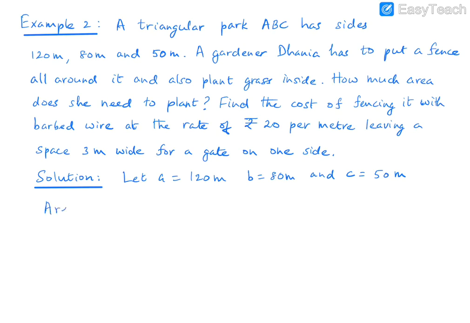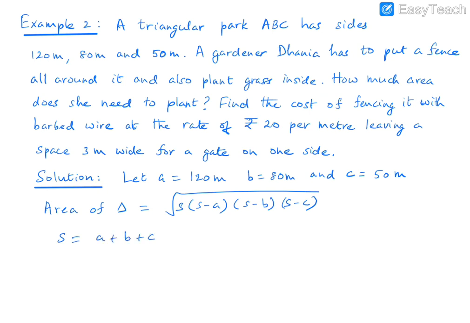The area of the triangle is the square root of S into S minus A into S minus B into S minus C. So we need to first calculate S. S is A plus B plus C divided by 2, which is 120 plus 80 plus 50 divided by 2.